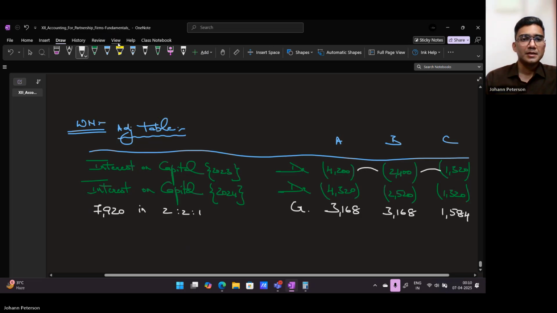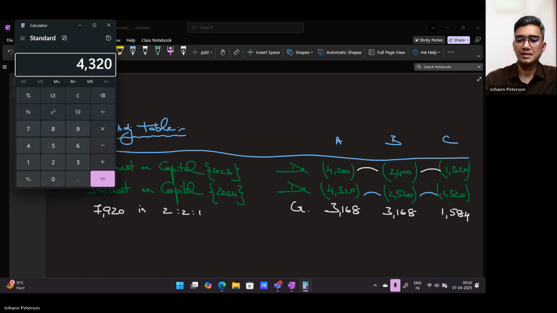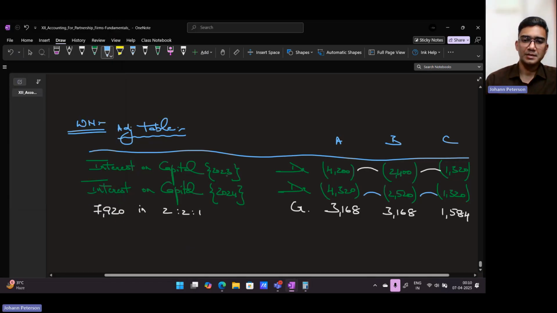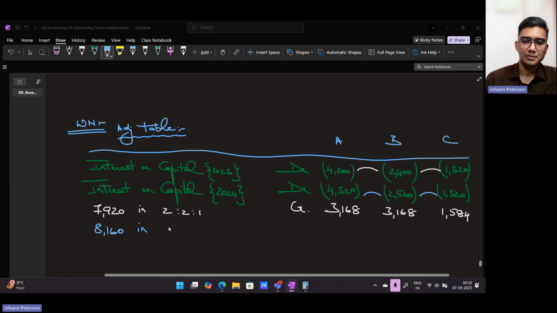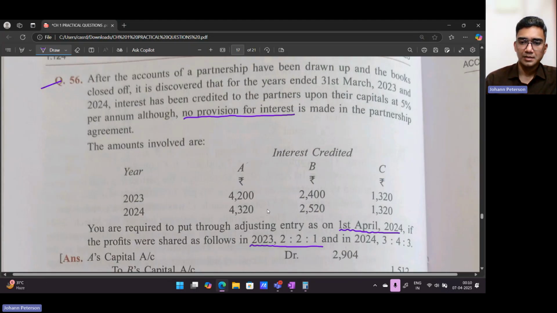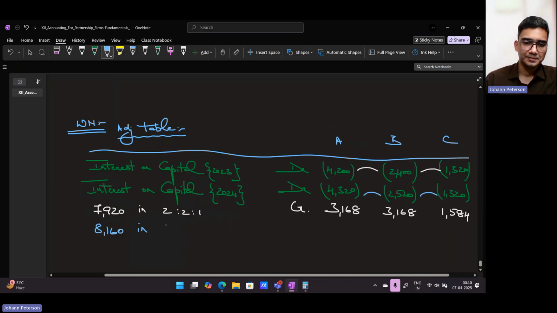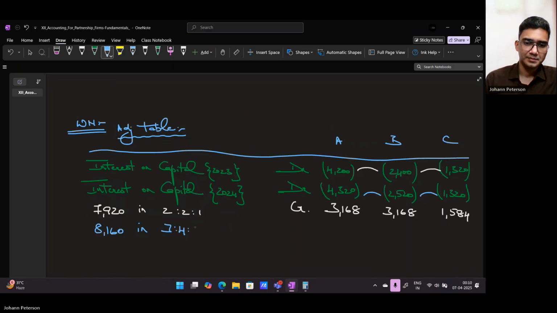Okay. Now let's take the second amount. So 4320 plus 2520 plus 1320, which is 8160. So here I will write 8160 in, which is our ratio. In the second year, it is 3 is to 4 is to 3. Again, credit.